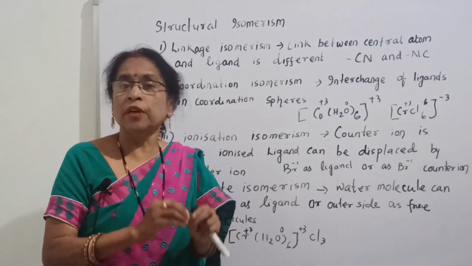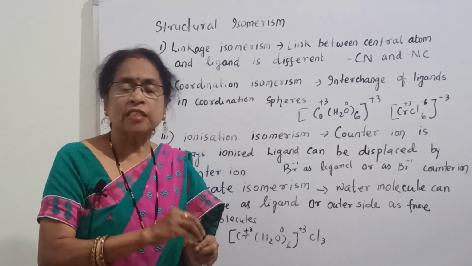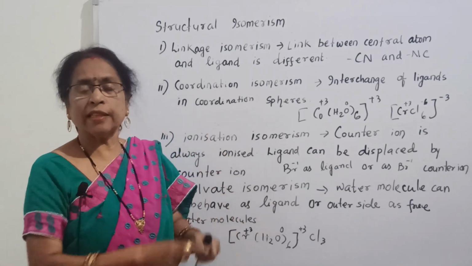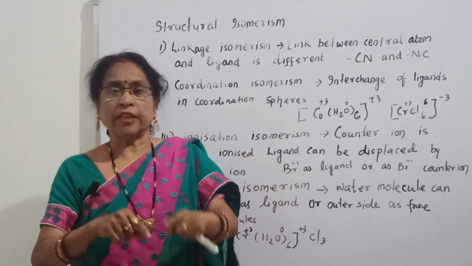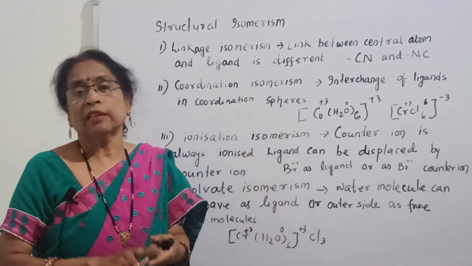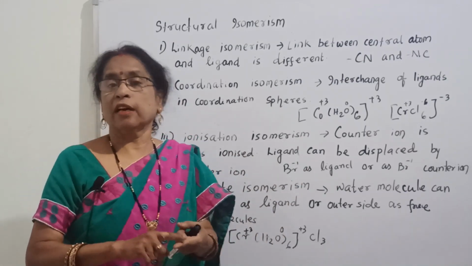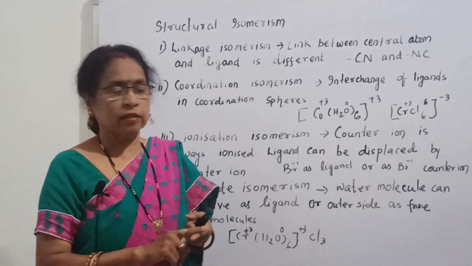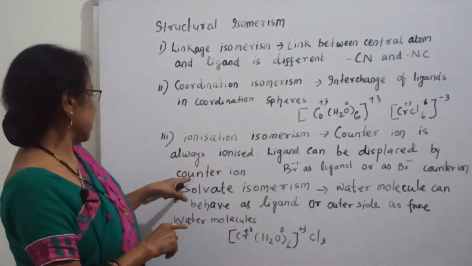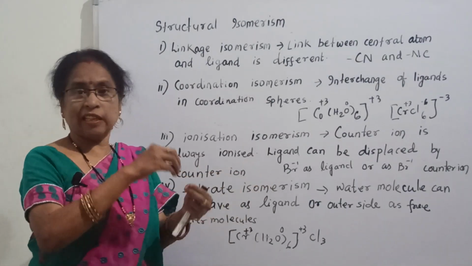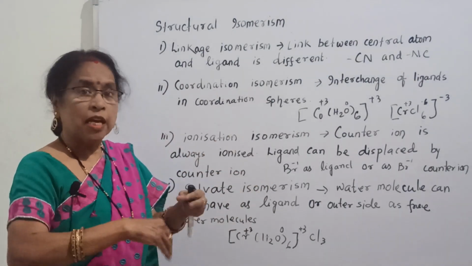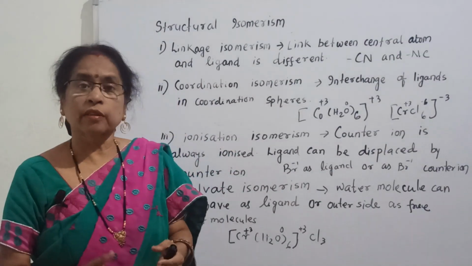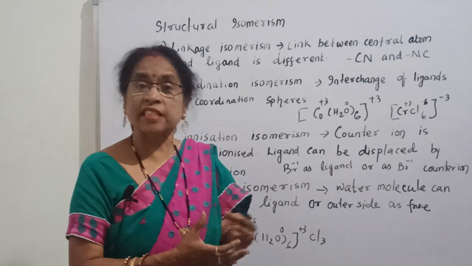They behave only as ligands. But what is present outside the coordination sphere as anion will give the acid radical test, and that is called a counter anion. Now see, if Br minus is a ligand inside the coordination sphere and goes outside, it will act as a bromide ion, a counter ion, which acts as an acid radical.